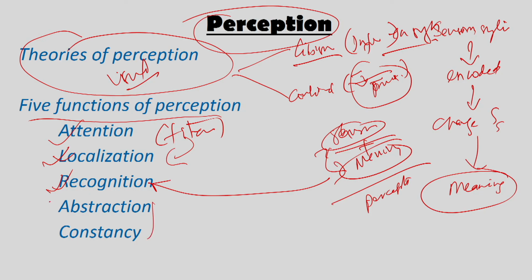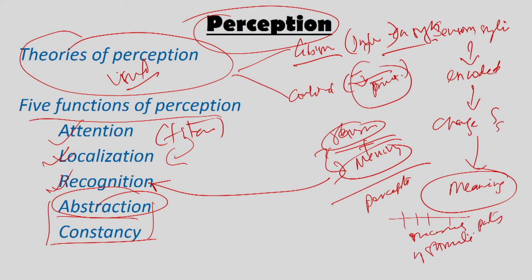Now, while doing recognition, two things are considered. One is called abstraction. Whenever I am looking at any information from the external systems, we abstract information, which means that we only take the necessary parts of the stimulus which are needed for recognition.